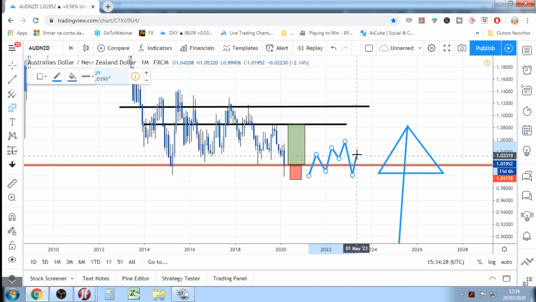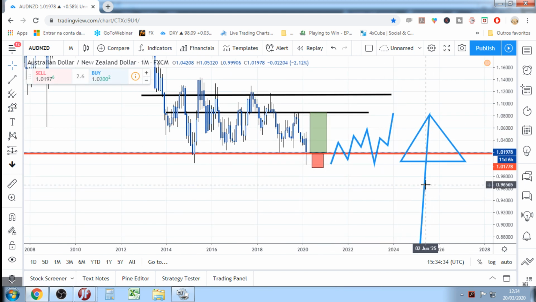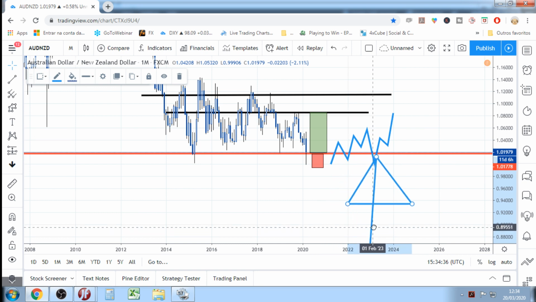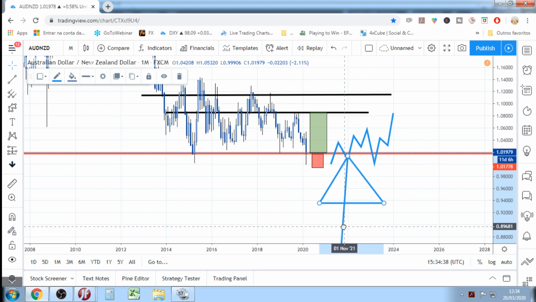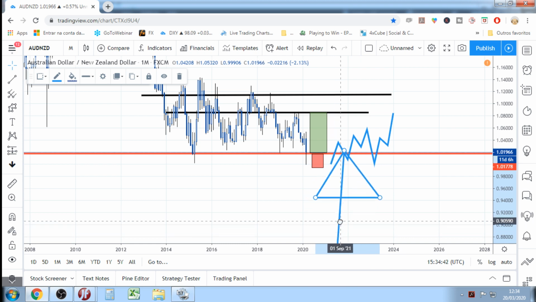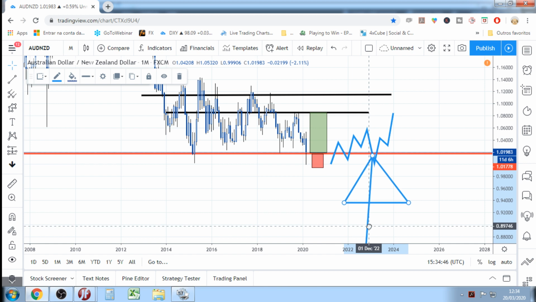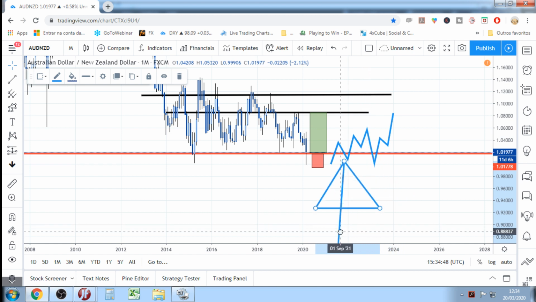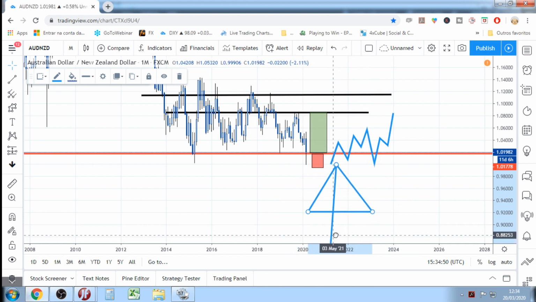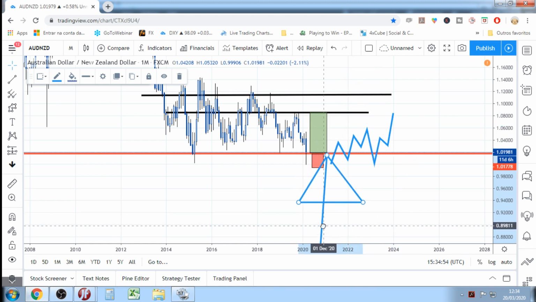In reality, when you understand how the market structure works, you need to educate yourself and understand that this is how the market works. It's going to make higher highs, higher lows, higher highs, then maybe it's going to crash a little bit, but in the end it's not going to hit your stop loss because the long-term direction is up.